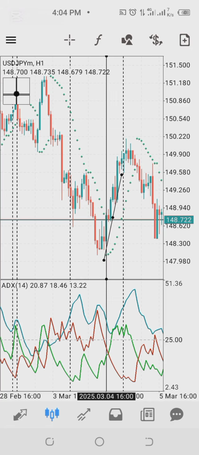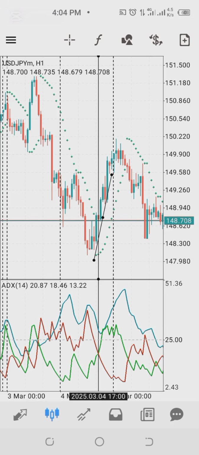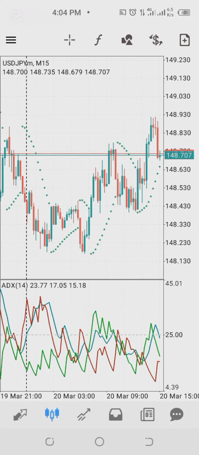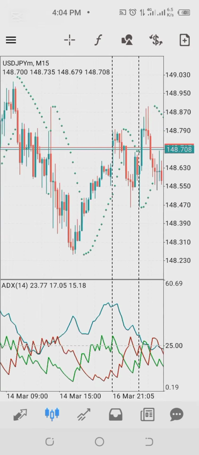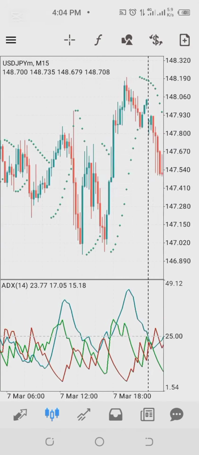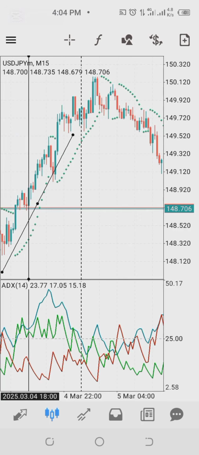Once I see it start on the H1 time frame, then I know that I would soon get my entry. So I'm still going to wait for it to keep going. Then I move straight to my M15 time frame where I'm going to be pulling the trigger. That's where I'm going to be taking my entry. When I move to the M15 time frame, what am I supposed to be looking out for?